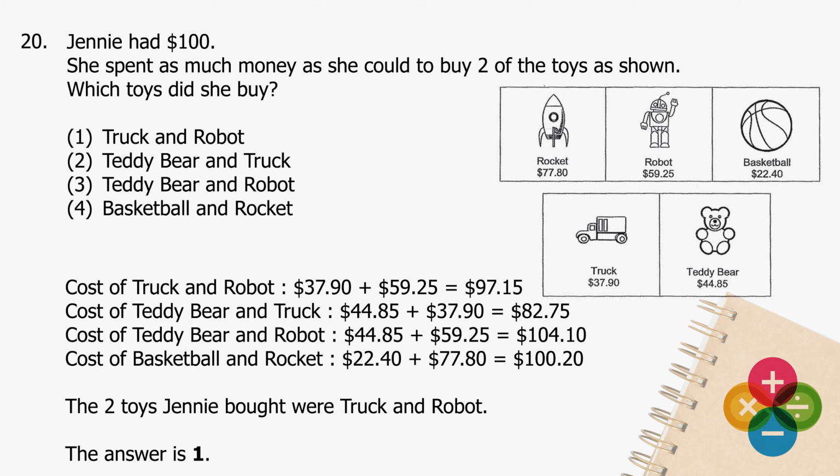The cost of teddy bear and robot will be add $44.85 to $59.25, and the sum is $104.10. The cost of basketball and rocket will be add $22.40 to $77.80, and the sum is $100.20. The 2 toys Jenny bought were truck and robot. The answer is 1.